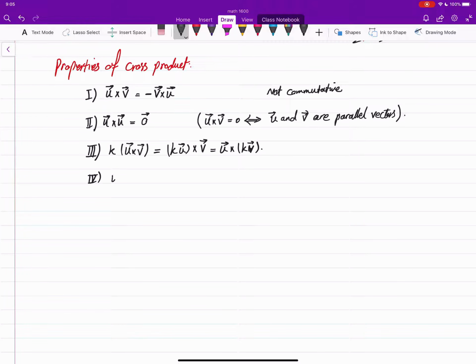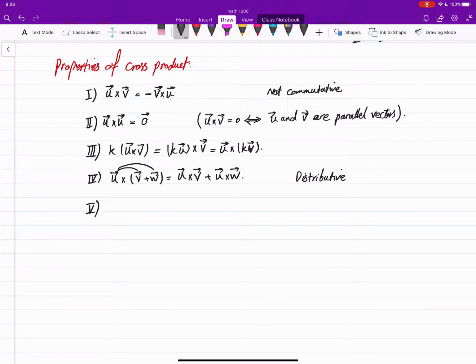How about the cross product and vector sum? Let me use v plus w. Well, this works nicely. You can do this again component by component. This is the property called distributive. So it distributes, and you will get u cross v plus u cross w.